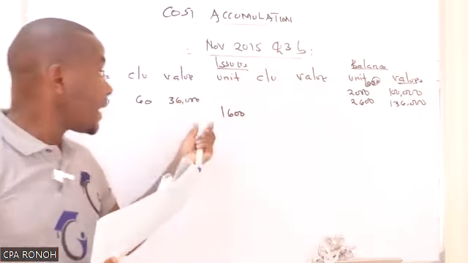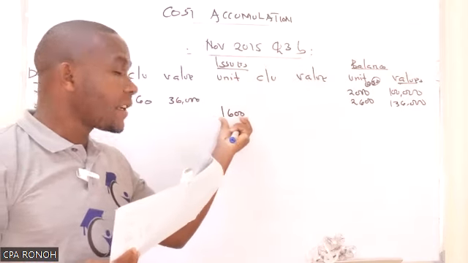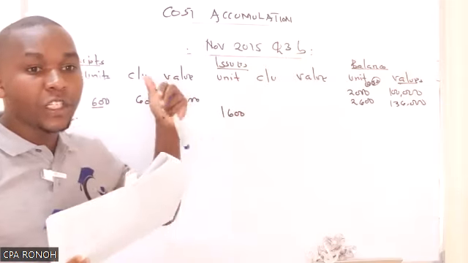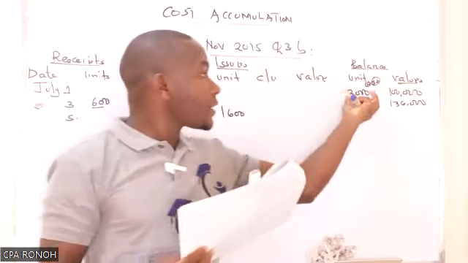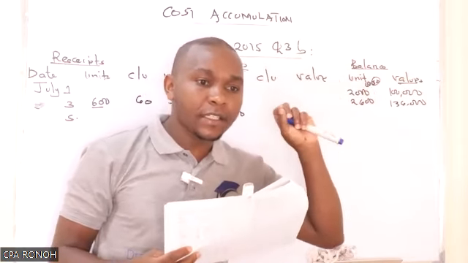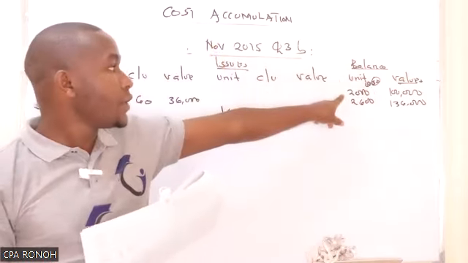So the 1,600 units we are issuing come from the first units we received, which is the 2,000.